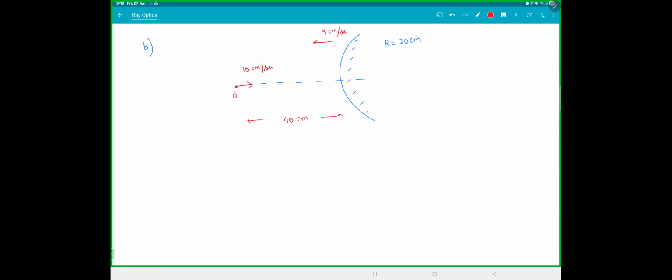Now find the velocity of the image with respect to the ground. So that formula actually gives you only relative velocities.